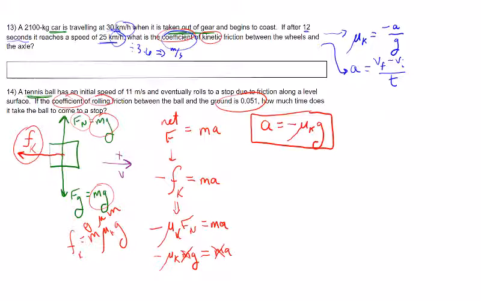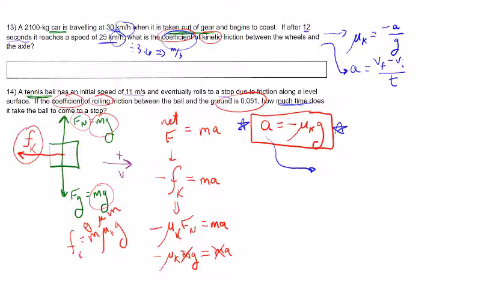So I'm using this new equation to find a relationship between acceleration and the coefficient. In problem number 13, we find the acceleration first, and then we can plug it in here to find my coefficient. In 14, we're going to do the opposite. We have an initial velocity, and it's going to roll to a stop. We're trying to find the time. So we'll start out with this equation, and once I have that acceleration, I can plug it into this equation.